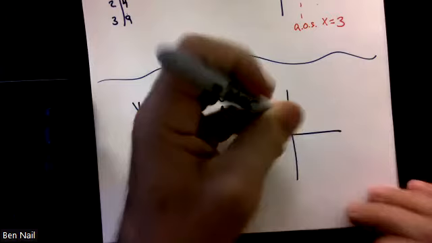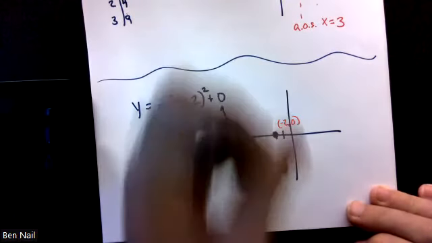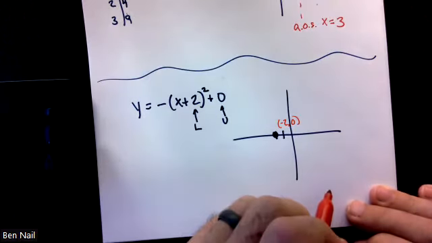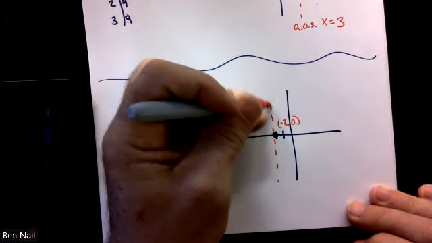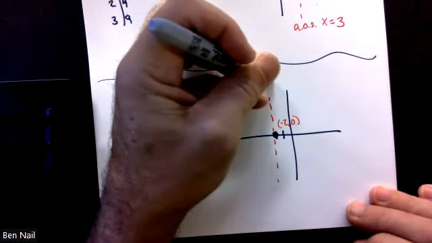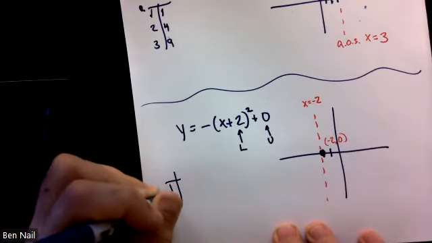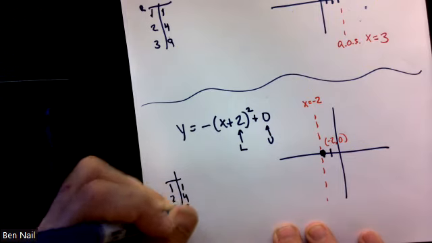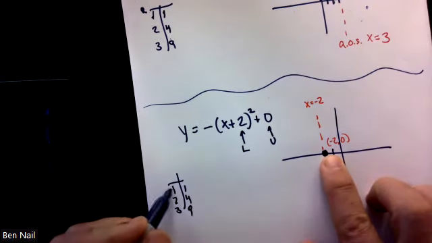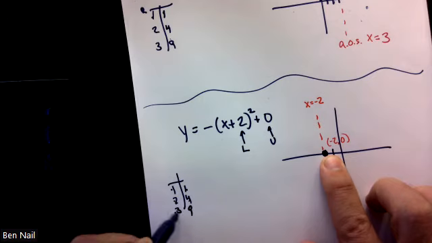So this is my vertex. My vertex is going to be at -2, 0. Which also means my axis of symmetry is x equals -2. Now, like I said, typically from my vertex, I go right 1, up 1, right 2, up 4, right 3, up 9.